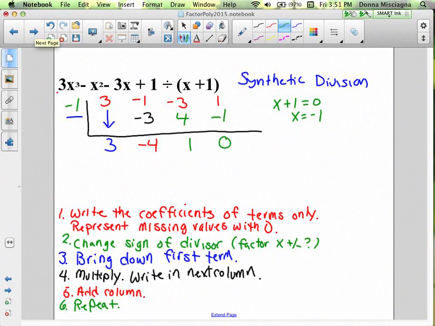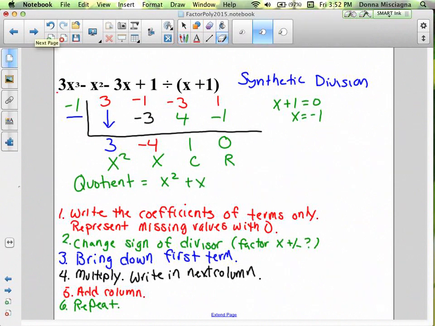So these numbers mean something. The last number is always the remainder. The next number is the constant term. The next is the x, and then x squared, and it always goes in that order. So my quotient here is, excuse me, I forgot to write the coefficient in front of it.